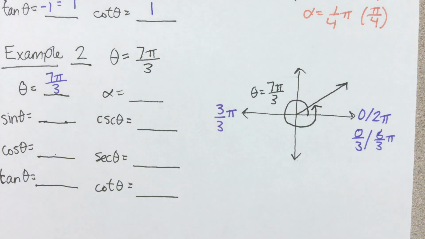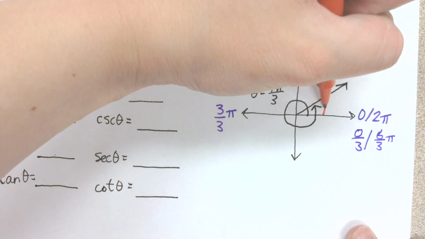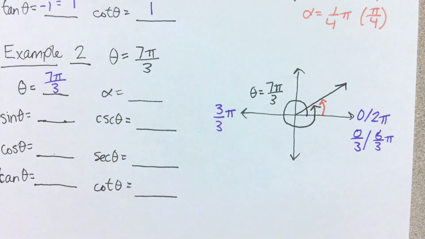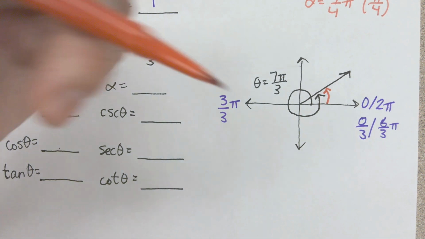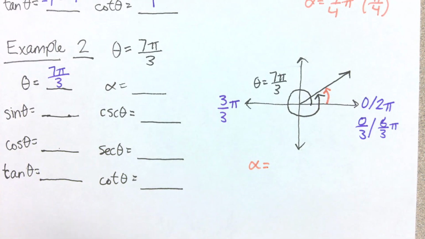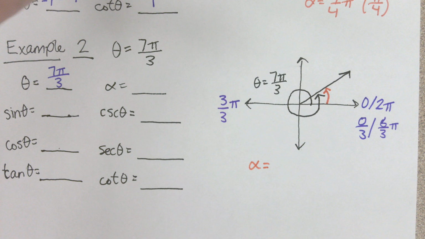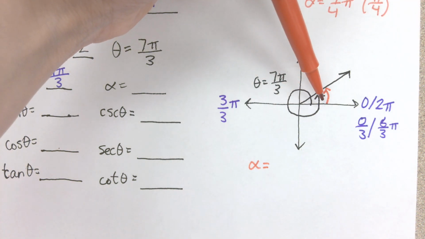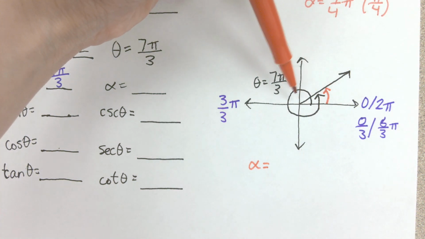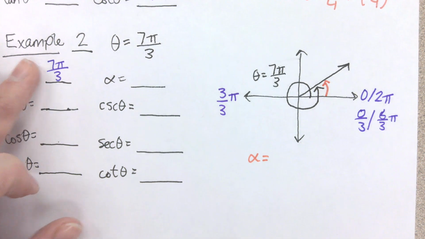Alpha, x-axis, up to where our angle ends. Do you want to take a shot at that? 1/3 pi. It is 1/3 pi. So we go around a full circle plus an extra bit. That full circle is 6 pi over 3.